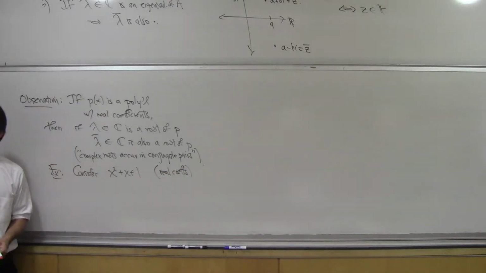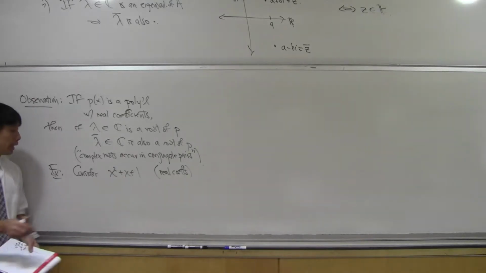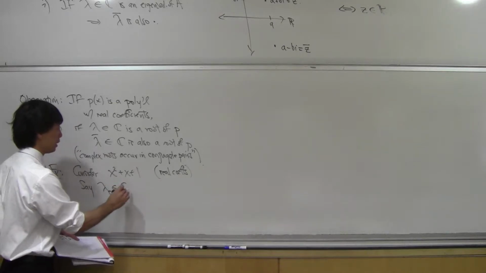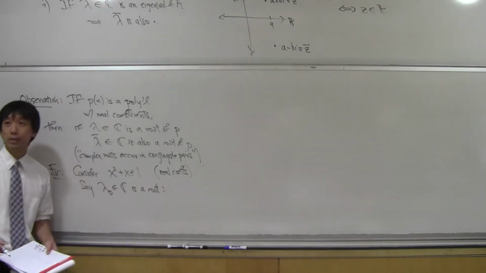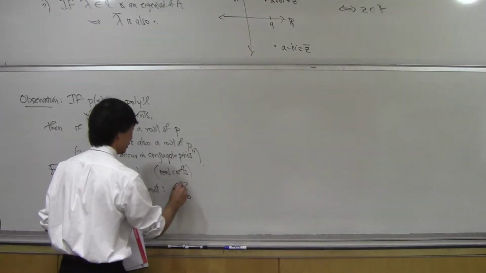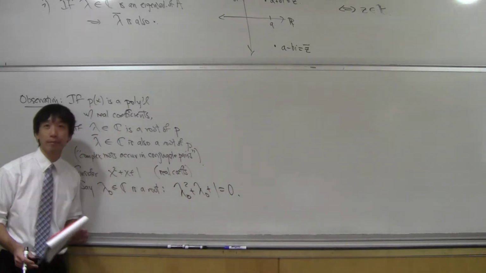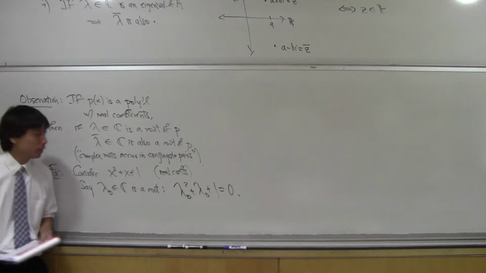Let's say that lambda naught is a root. Suppose you have one root of this, well that would mean that lambda naught squared plus lambda naught plus 1 equals 0.